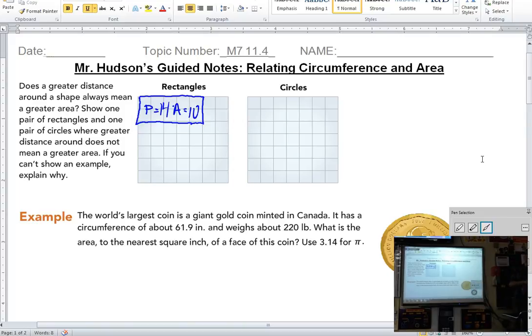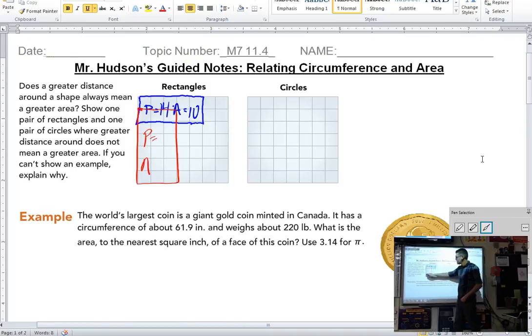Give me different dimensions to make a different rectangle. 6 and 3, sure. So I'm going to go 3 wide, 6 tall. So if I do a 6 by 3, well, again, I've got 6, 3, 6, 3 all the way around, so I really have 9 doubled.